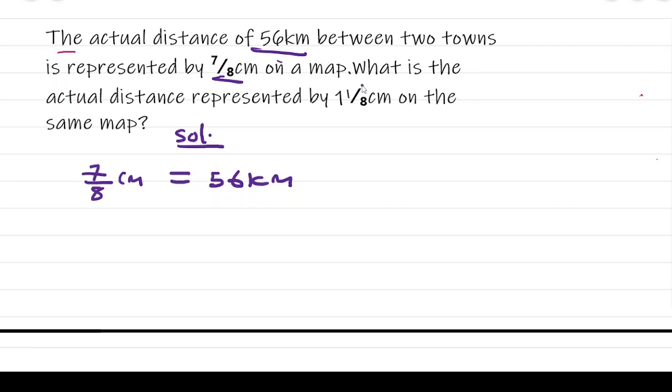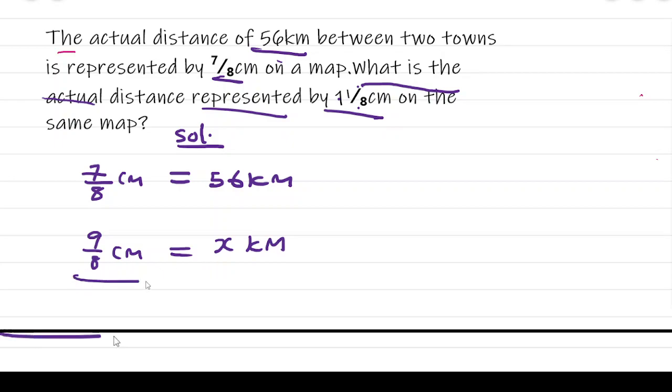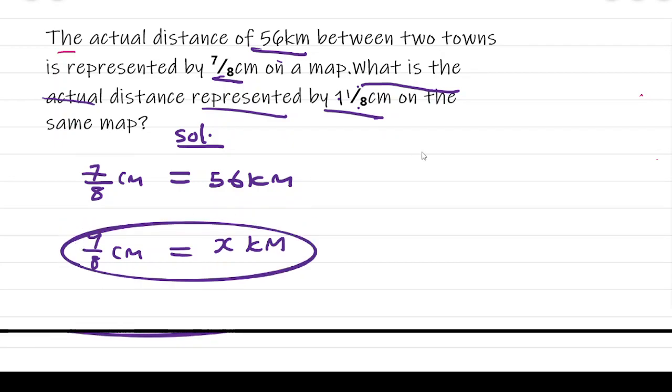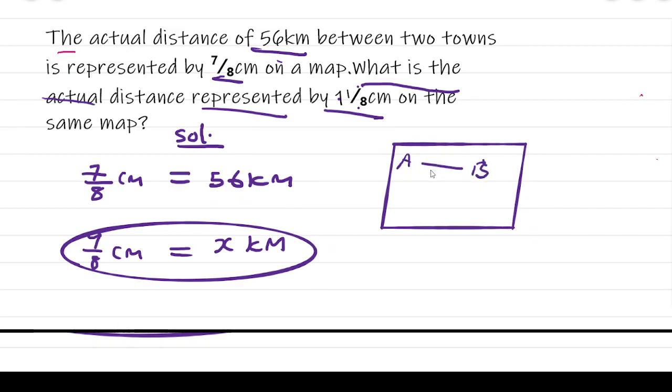Now they're asking us, what is the actual distance represented by 9/8 centimeter, which is 8 plus 1 over 8? What distance does it represent? How many kilometers? X kilometers. That is, what is X here? Say you have a paper here, and on that paper you have to represent towns A and B using this 56 kilometer distance.